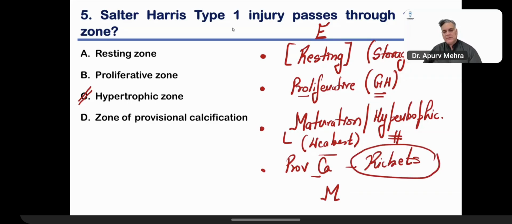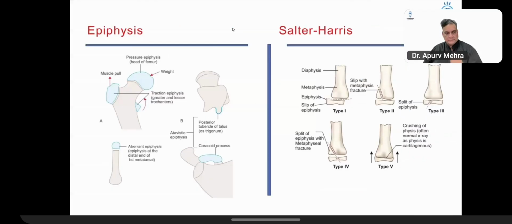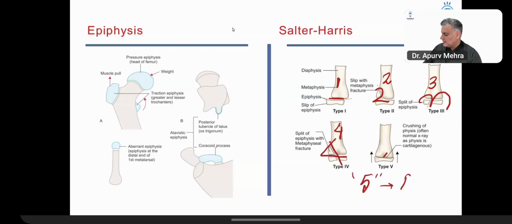All right, so the hypertrophic zone is the answer here. Okay, so this is the Salter-Harris classification. Type 1, 2, 3, 4, type 5.